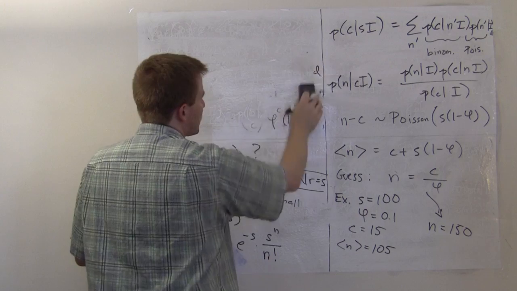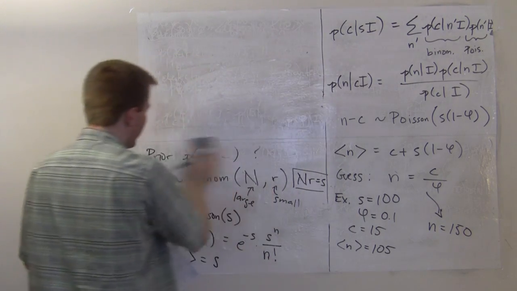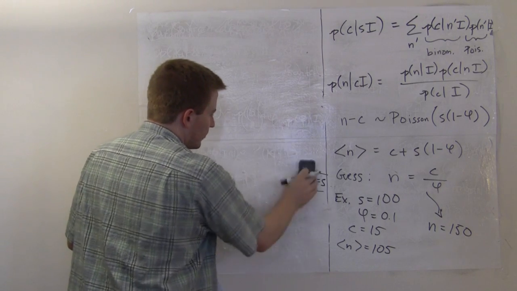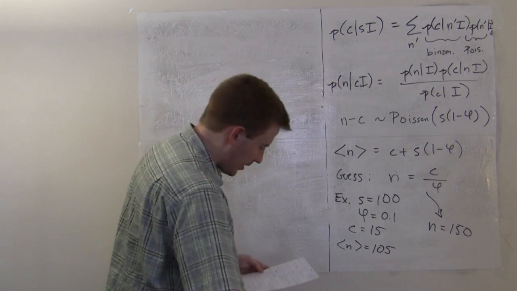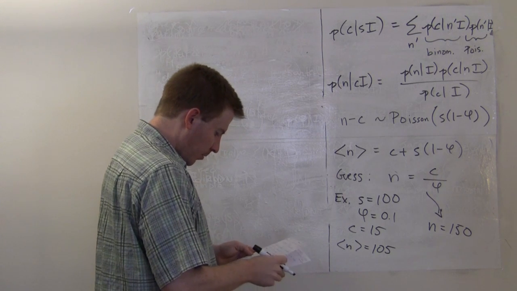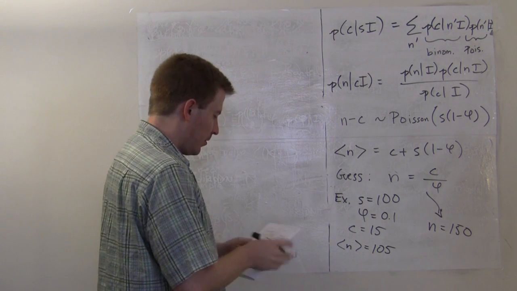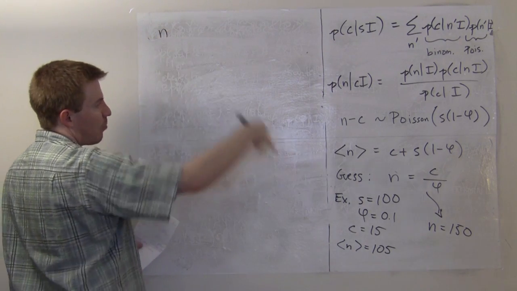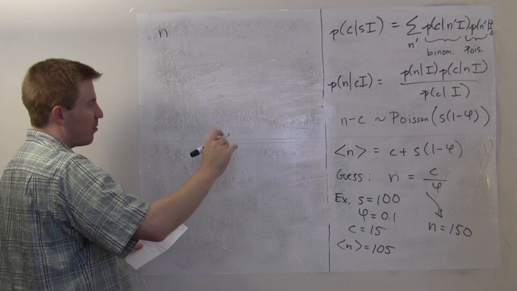And what you could imagine doing is taking a different tack: what would happen if we didn't have that Poisson model, that kind of prior information?